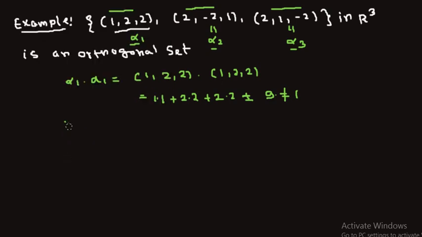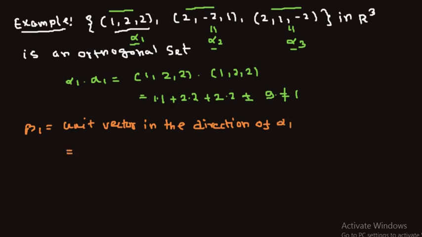Let me write that quickly. Suppose beta 1 is the unit vector in the direction of alpha 1. How do we find a unit vector? You know that we multiply alpha 1 by one over its norm.